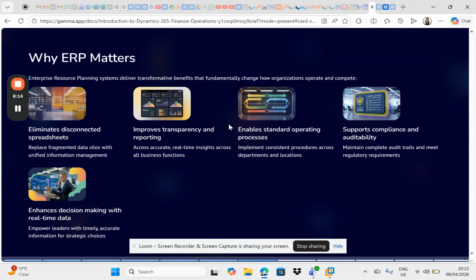Also, most importantly, decision making is very easy. You don't spend time, and you have accurate data on time. Let's look at a case where a company has branches all over, maybe one in the United Kingdom and one in Germany.